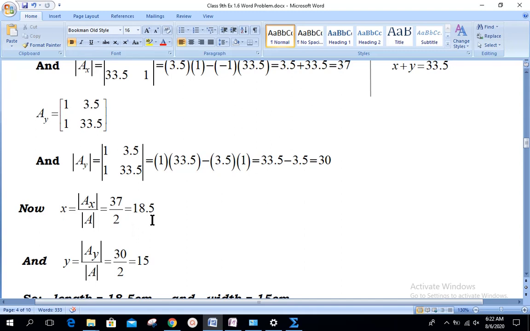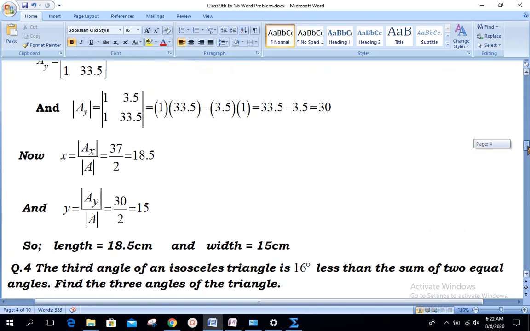Putting the values, x gives answer 18.5, y becomes 15. So my final answer: length is 18.5 centimeter and width is 15 centimeter. It is clear that they have a difference of 3.5 as mentioned in the first sentence of the question.